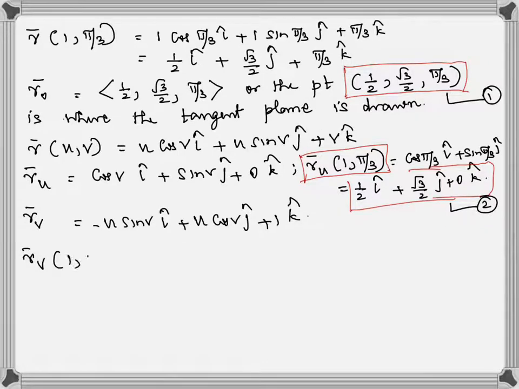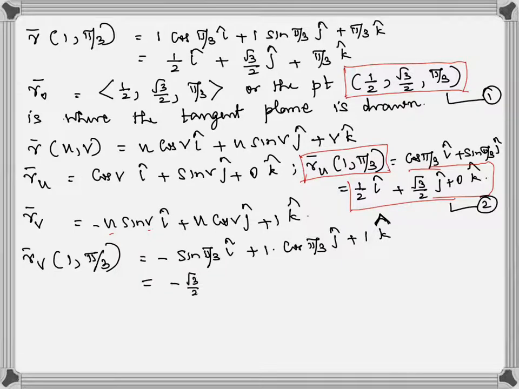So r_v at the parameters (1, pi/3): plugging in u = 1 and v = pi/3, we get negative sin(pi/3) i + 1 cos(pi/3) j + 1k, which is negative root 3/2 i + 1/2 j + 1k. So we found r_u and r_v.